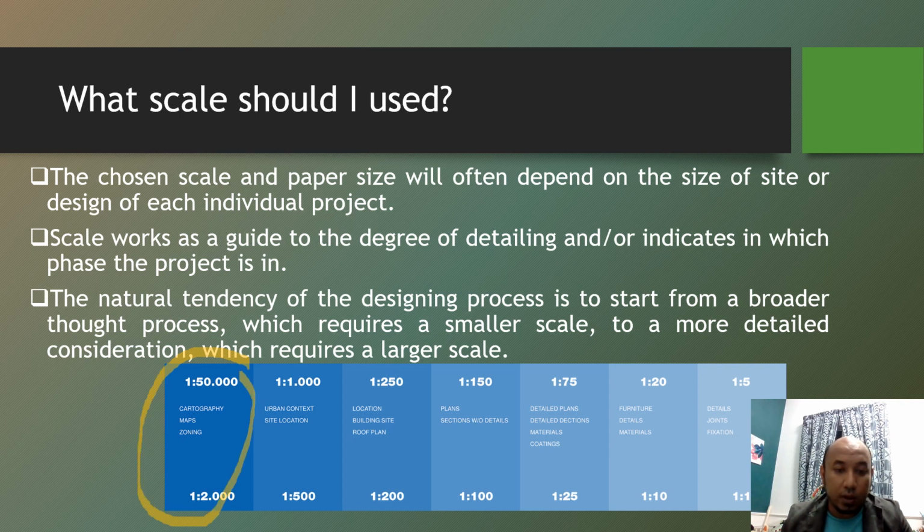And then the ratio 1:1000 is more for the urban context or site location. 1:500 to 1:200 and 1:250 is more for the location, building site and roof plan. Okay, for the ratio 1:50 to 1:100 is for the plan and section with details.